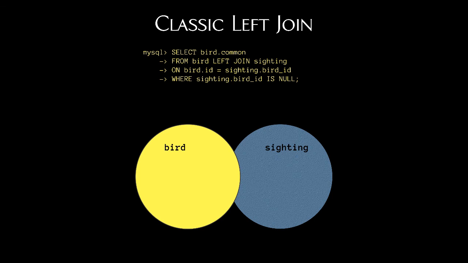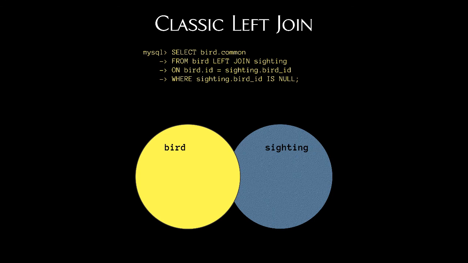The on clause is how to align those two tables. So the primary key of the bird on the left matches the foreign key of the bird ID on the right. And again, to subtract all of the rows that I don't want, I need to identify those rows where some value in the sighting table is null.